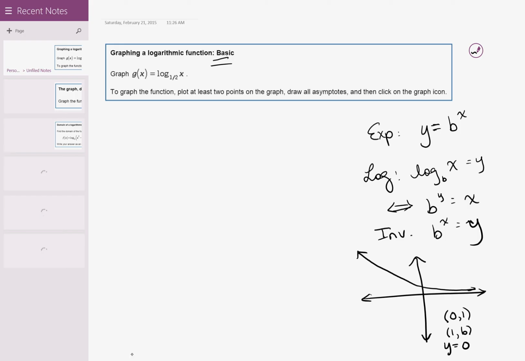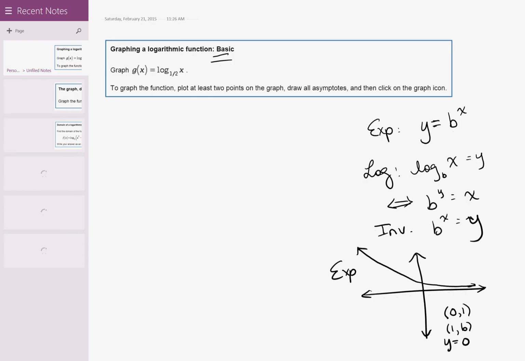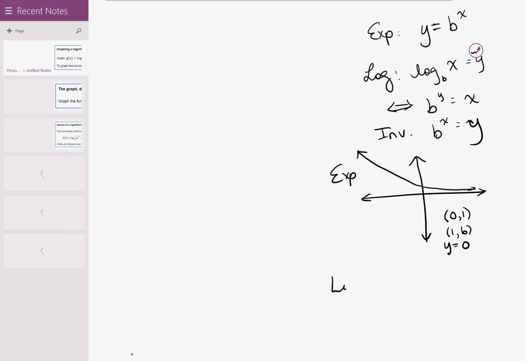Then this is for exponential. What happens for logarithmic is that I have x equal to 0 as an asymptote, and I go through the point 1, 0, and I go through the point b, 1.